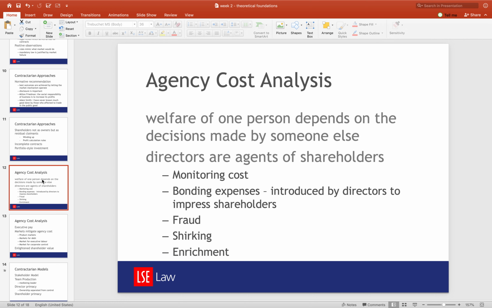One banal example would be high glossy brochures explaining how very well the directors have done. And then less benign are things like fraud or shirking, so not just seeming to work hard rather than actually doing work, and enrichment more generally. So these are examples of agency cost.